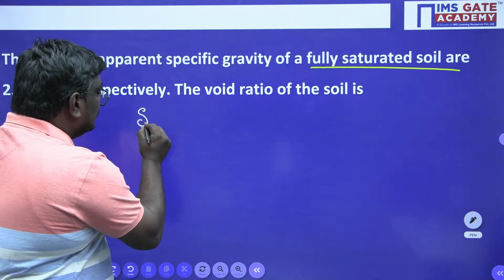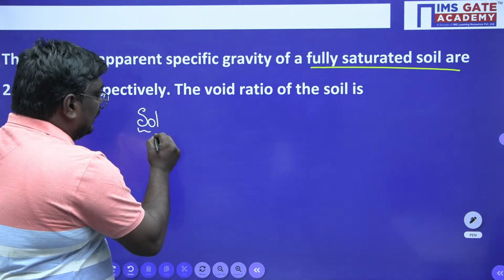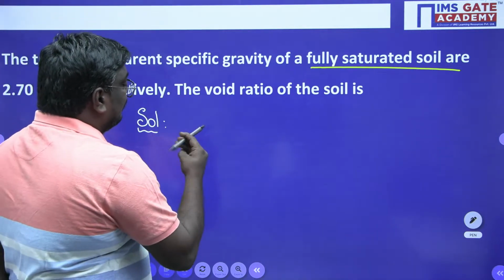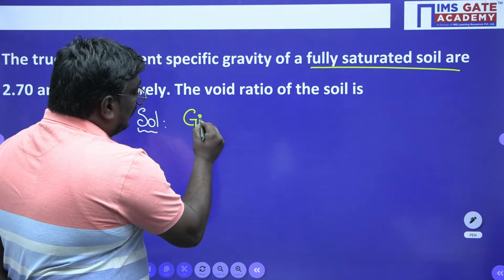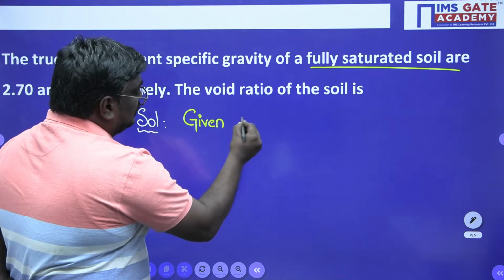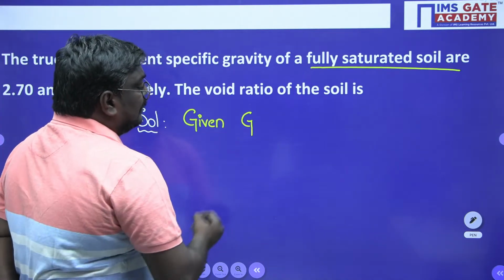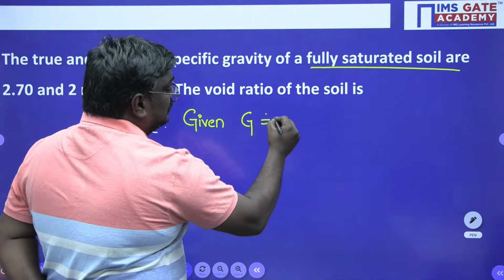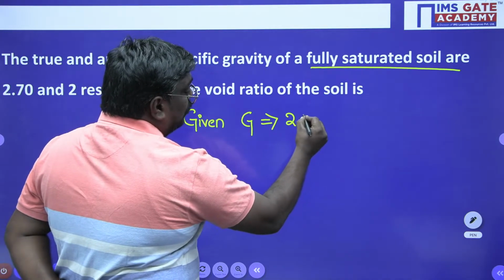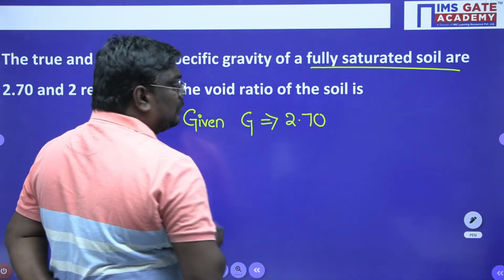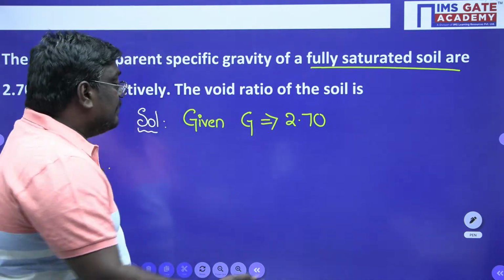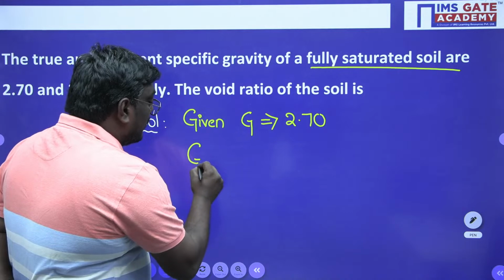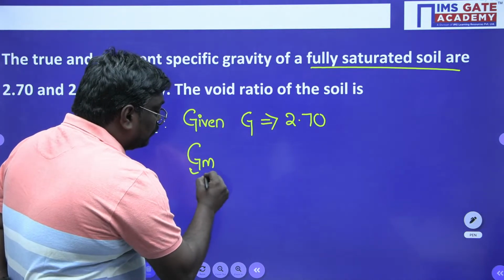See students, in the solution, what is the given data we have? The specific gravity is given as 2.70. Similarly, if we consider the mass specific gravity, what is this G?